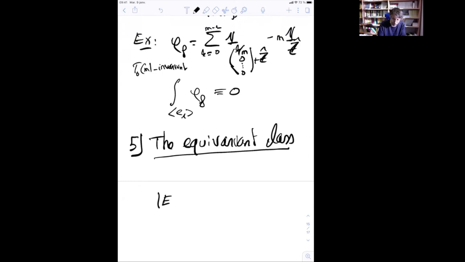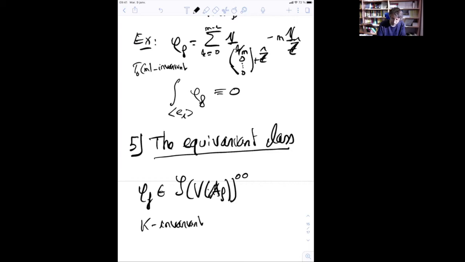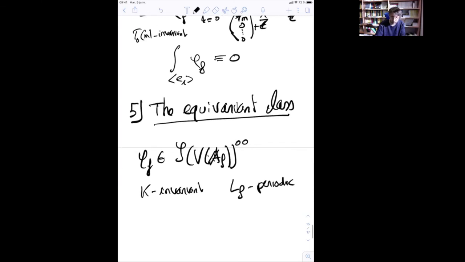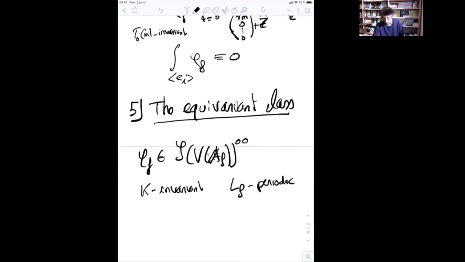So let's take phi_f K invariant, L_f periodic, and for the moment, I don't really need this condition.